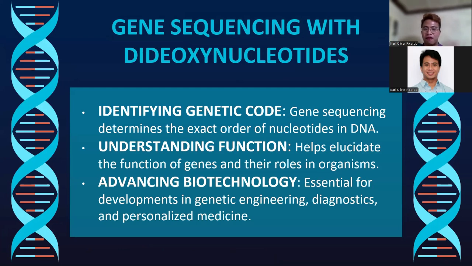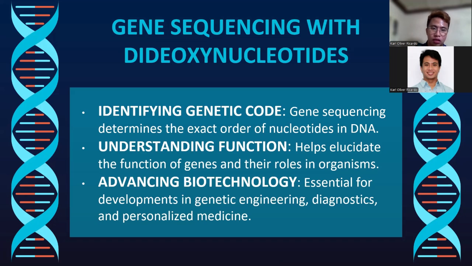So what is the function of dideoxynucleotides in gene sequencing? By determining the sequence of genes, we can see the functions and roles of a biological resource. And then advancing biotechnology, which is essential for developments in genetic engineering, diagnosis, and also personalized medicine.